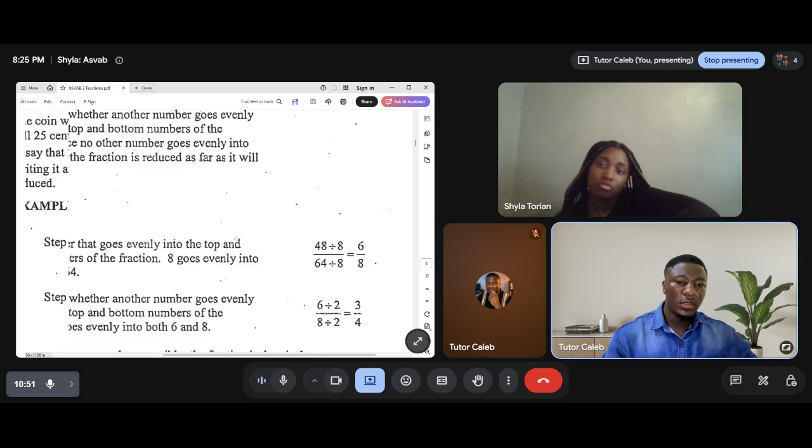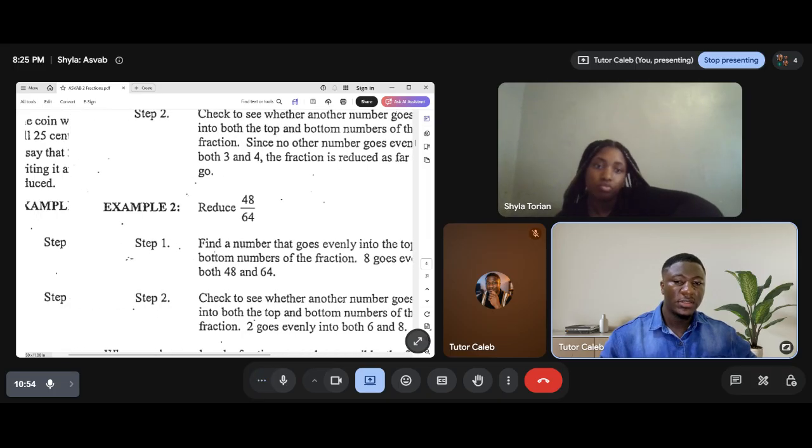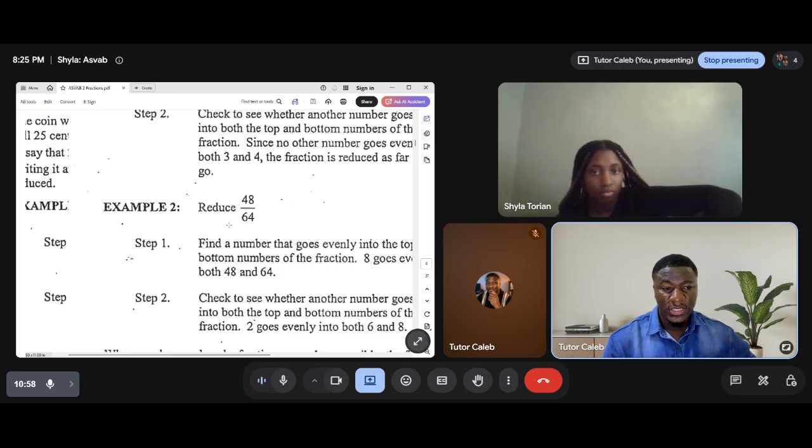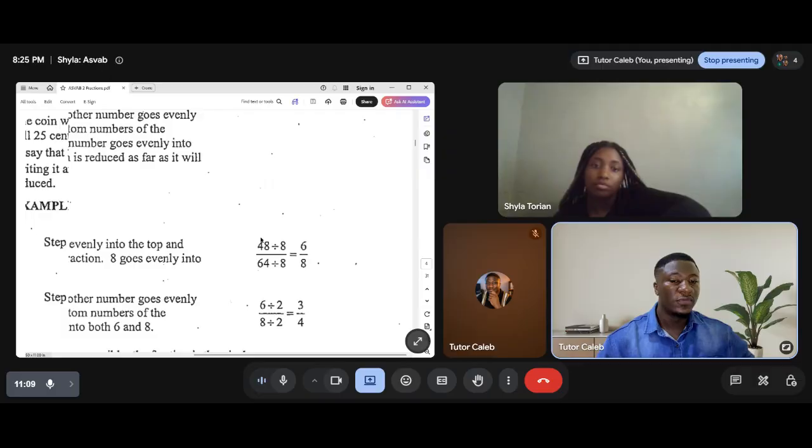Another example. Let's take the case of 48 divided by 64. As the numbers get bigger, it requires a good understanding of the multiplication table. The common factor between both of them here will be 8. But look at what happens when we divide. 48 divided by 8 is 6, and 64 divided by 8 is 8.